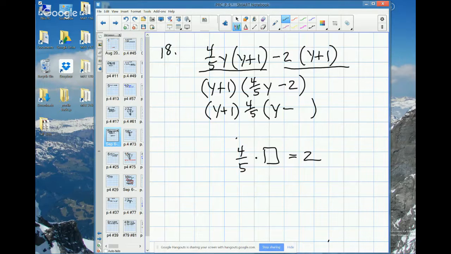Wouldn't that be 2 divided by 4/5, times 5/4, which is 10/4? There we go. And of course, you could reduce that to 5/2.